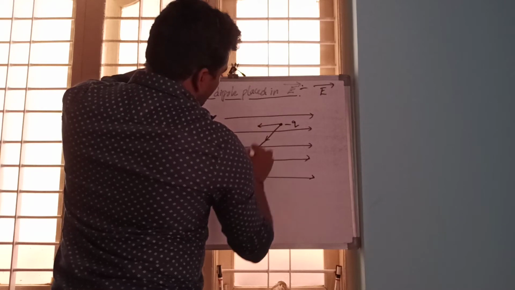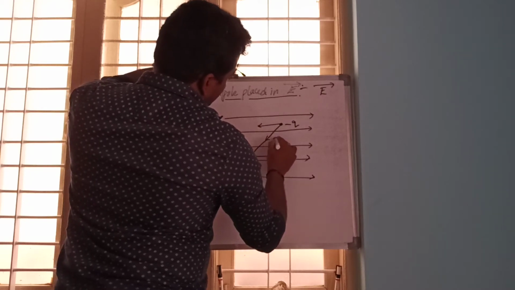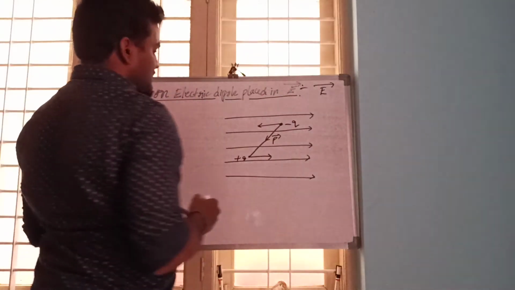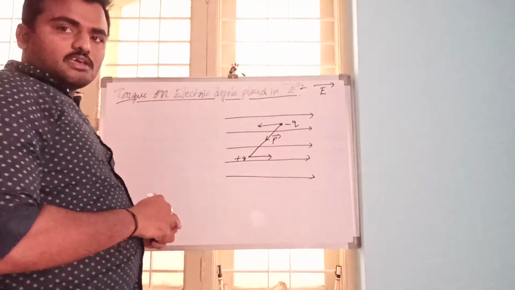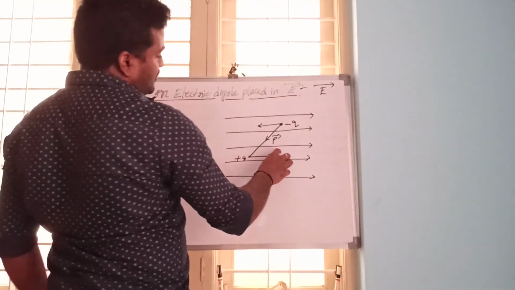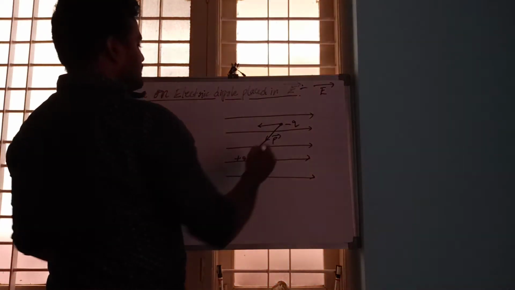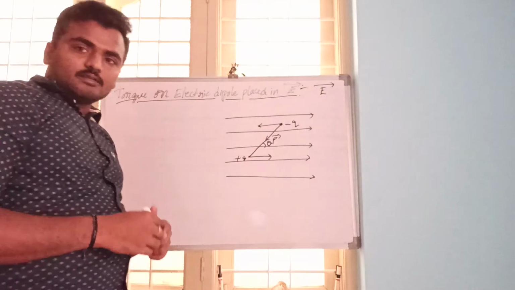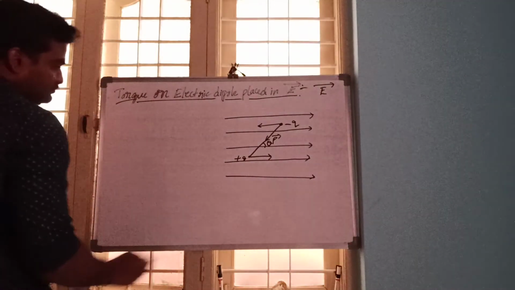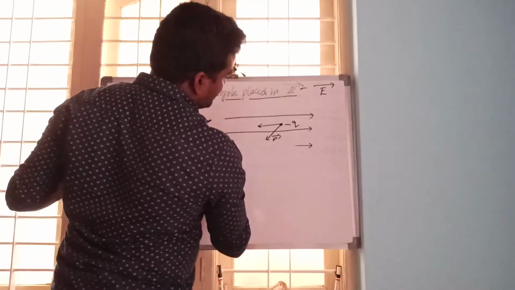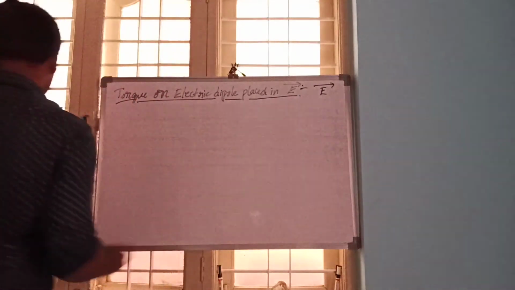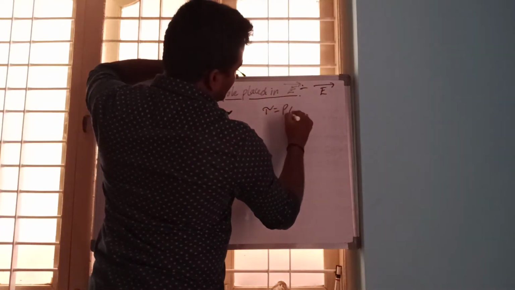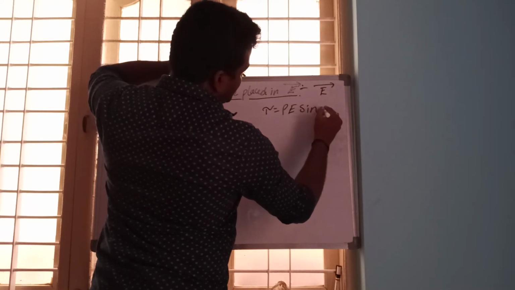Similarly, the forces will be like this, so the total torque will be like this. Clear? So here also, P bar cross E bar, and PE sin theta. Now we will just remember torque tau equals PE sin theta.